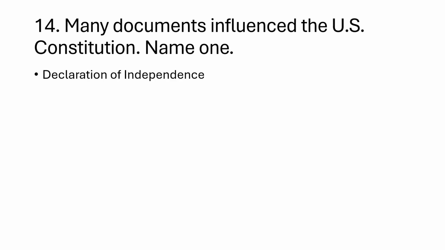Okay, the Declaration of Independence is one document that influenced the Constitution. The Articles of the Confederation. So after the United States won their independence from Great Britain, they did not immediately have the form of government that they have now.